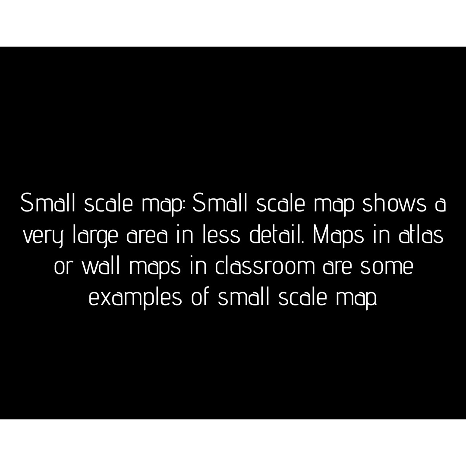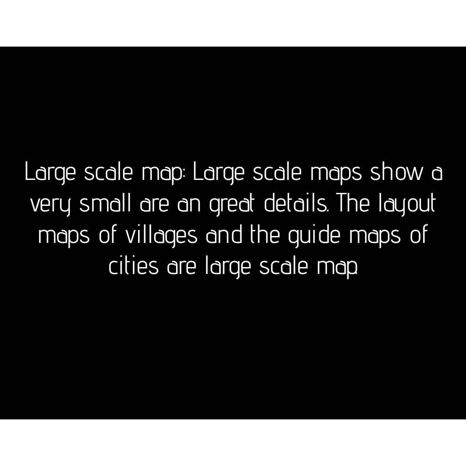For example, 5 centimeter on a map will be shown as 500 kilometer on the ground. So a small scale map has large areas like continents and countries shown on a piece of paper, and that is how 5 centimeter on the map shows 500 kilometer on the ground.